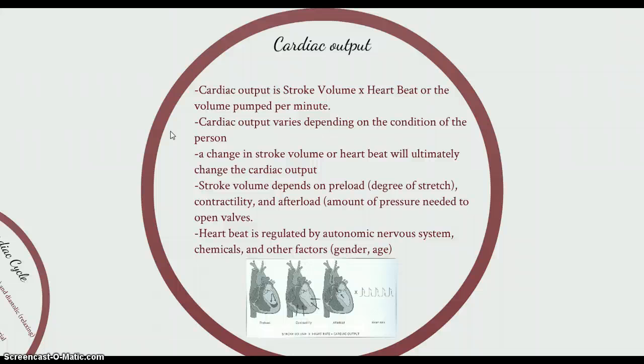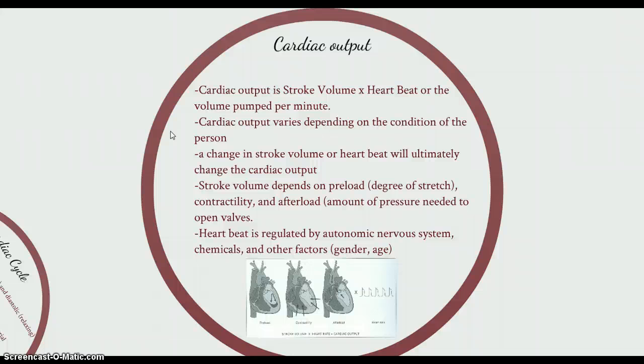And frankly, I don't know how the units divide out with this equation, but that is the equation for cardiac output, though. And cardiac output varies depending on the condition of the person. So if the person exercised a lot recently, then his heart rate is going to be really high, and that will make your cardiac output really high.